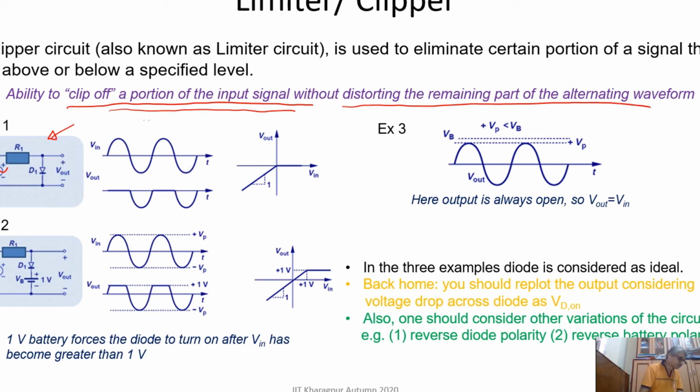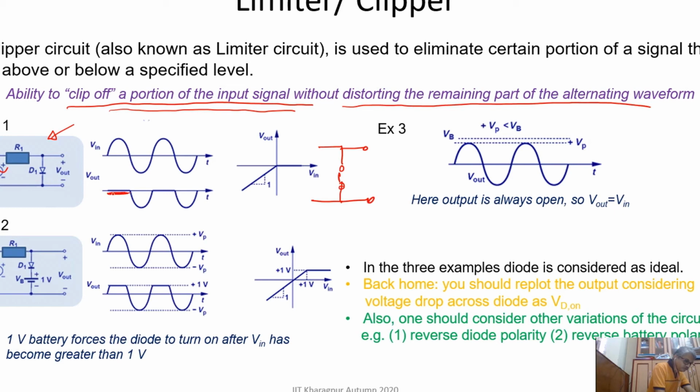During the positive half the diode is on and acts as a short circuit, so if you measure the voltage across the diode, you will get 0 volt.